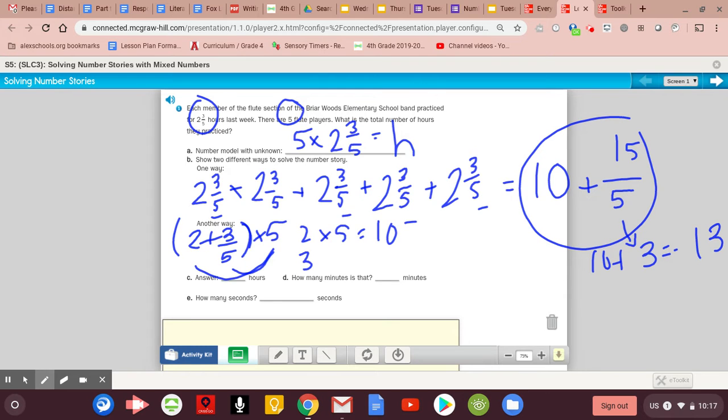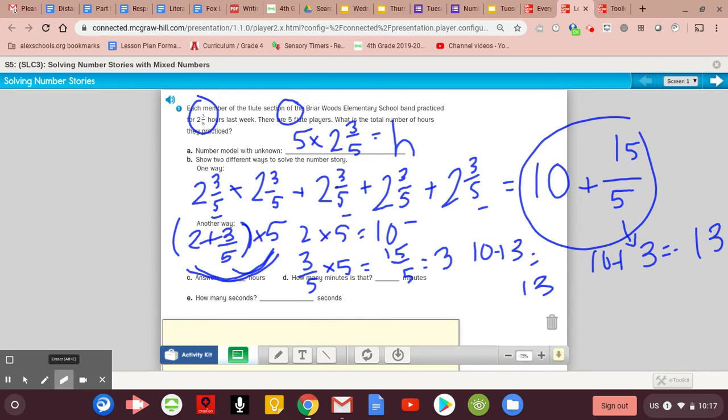And then I need to do 3/5 times 5. This is where you're going to multiply that numerator, that 3 times 5, and your denominator stays the same. So that's where I get my 15/5, which we said can be simplified into 3. And then I will just solve 10 plus 3 to get my 13.